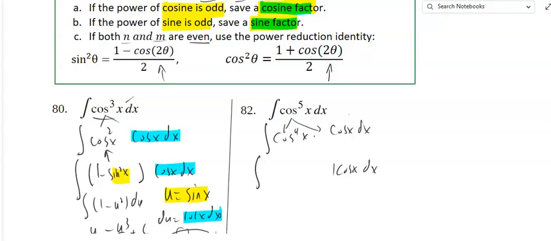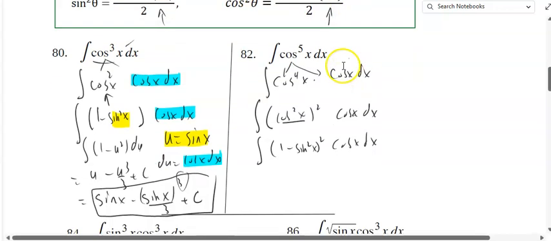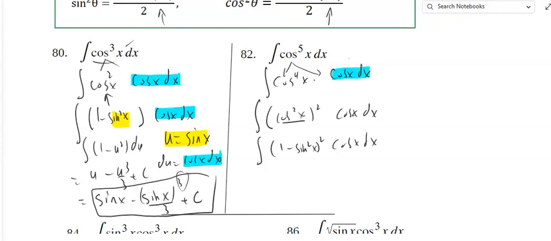So I need to say that is the cosine squared of x squared, and cosine squared is 1 minus sine squared of x. And again, I would keep in mind what we factored is my du.